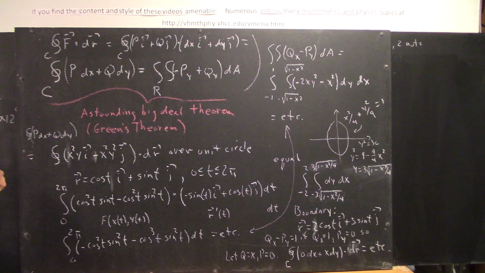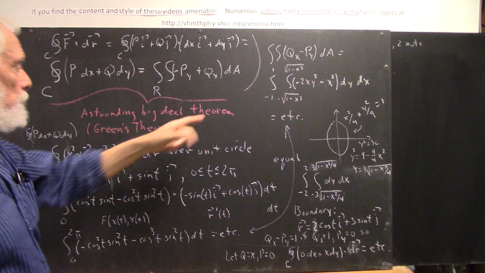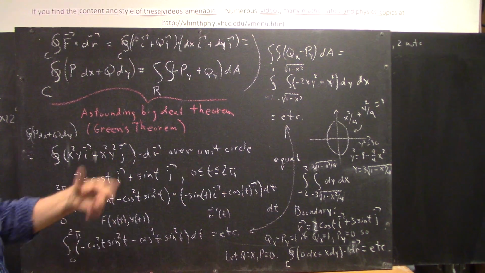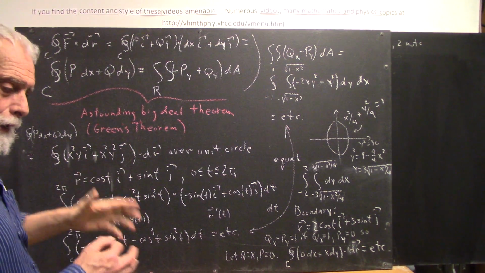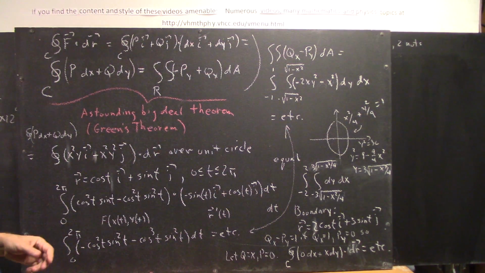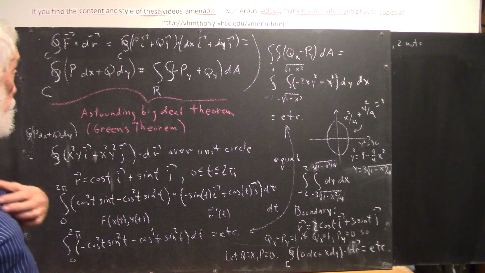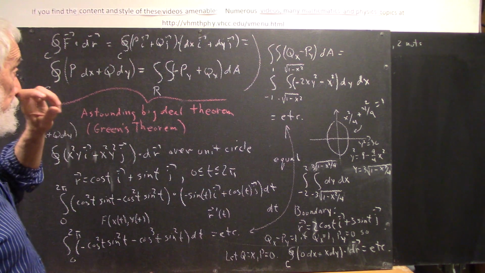Anyhow, I call this the astounding big deal theorem. The biggest theorem you've seen in this course probably. Of course, the fundamental theorem applied to conservative fields and all that stuff is pretty astounding and pretty big too. But this is even bigger, if that's possible. This is called Green's Theorem.